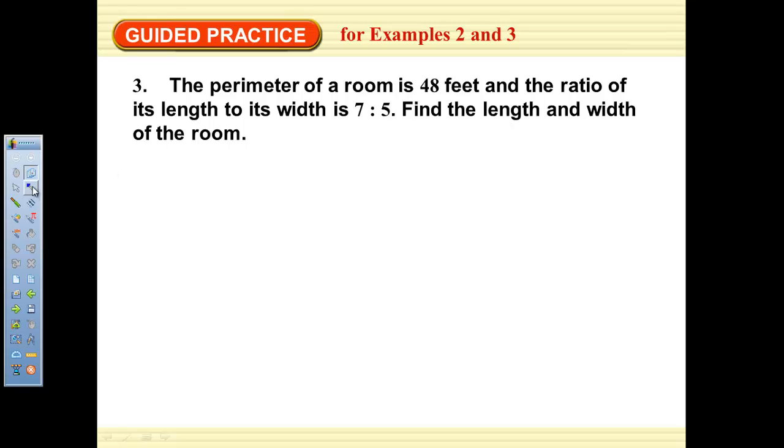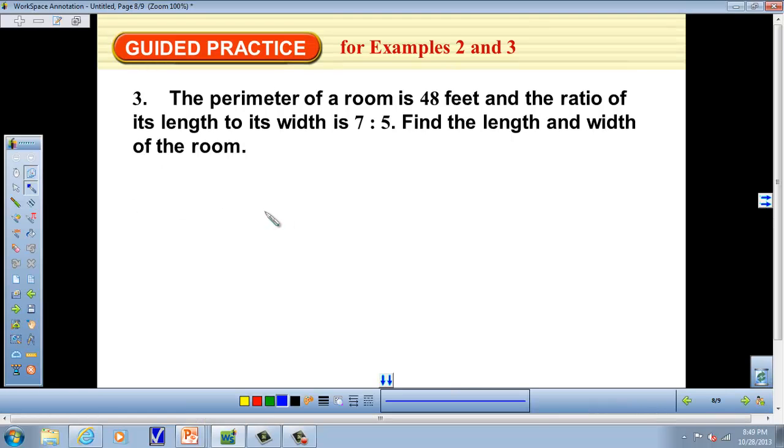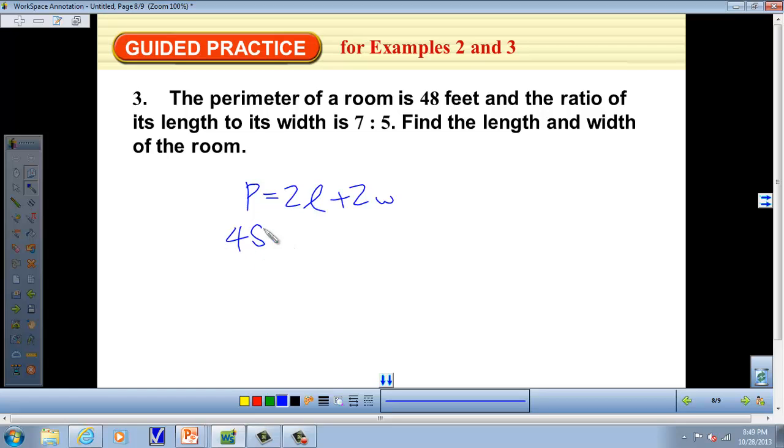Alright, here's another one where we have to find the length and the width of the room if the perimeter is 48 feet and the ratio of length to width is 7 to 5. So again, perimeter is equal to 2 length plus 2 times the width. We know it's 48 feet for the perimeter.